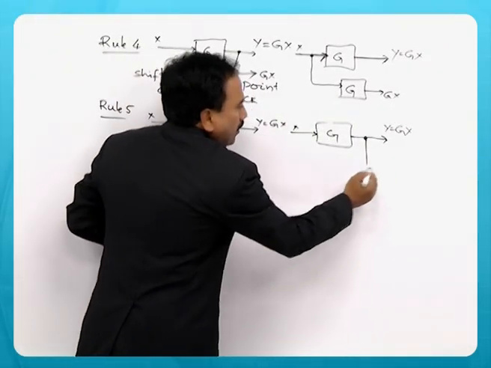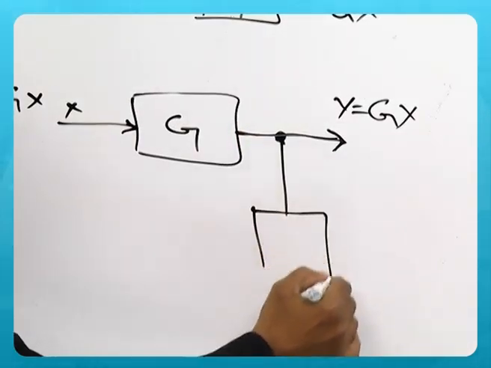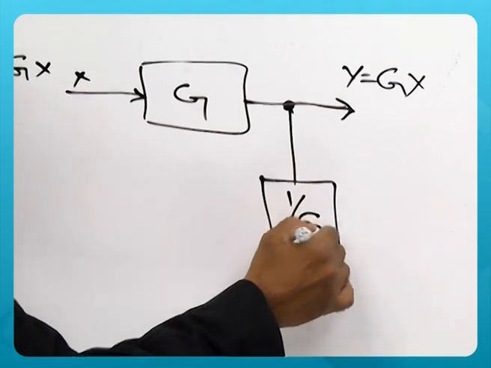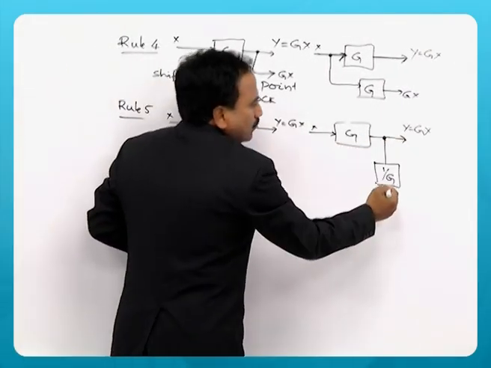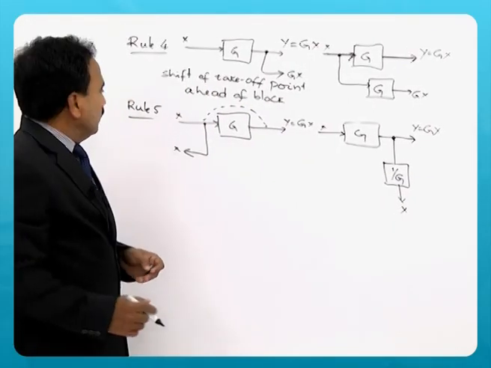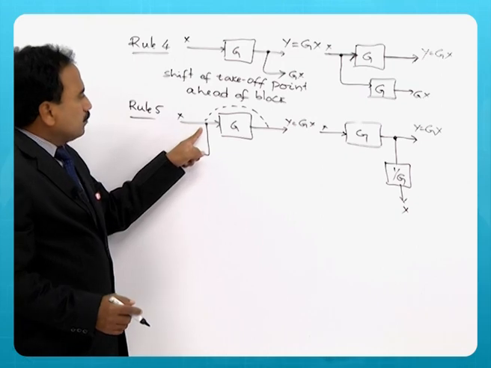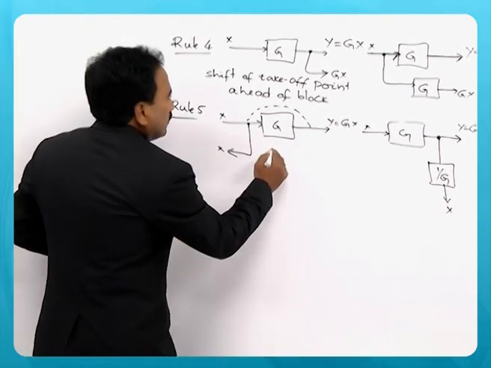So to get the same output, here, I must introduce another block of 1 by G, because it is already Gx. So I want to get X here. So this is shift of takeoff point to after a block. This is rule 5.